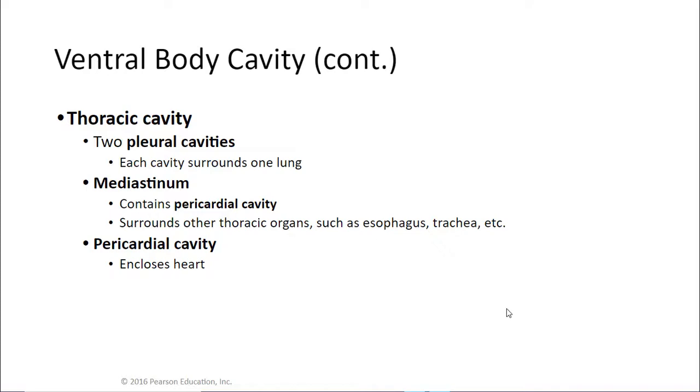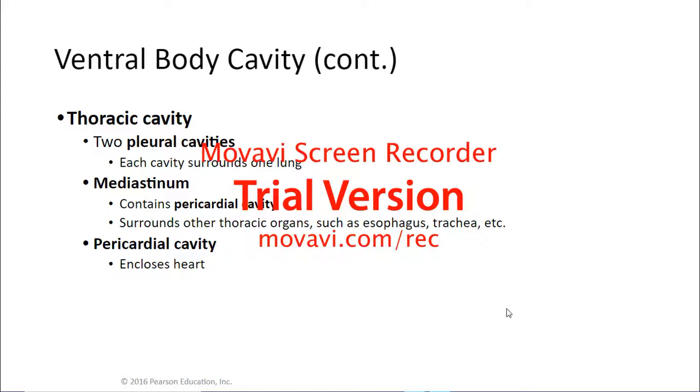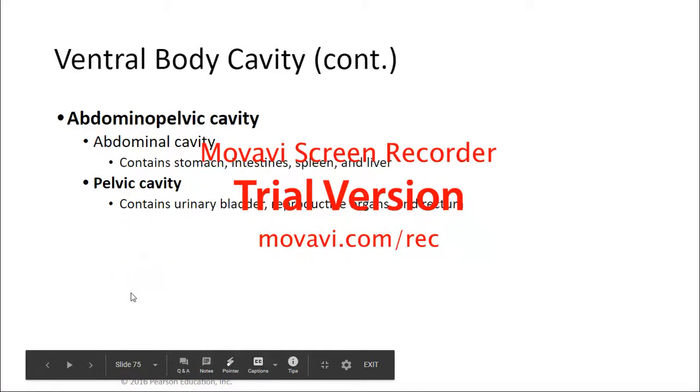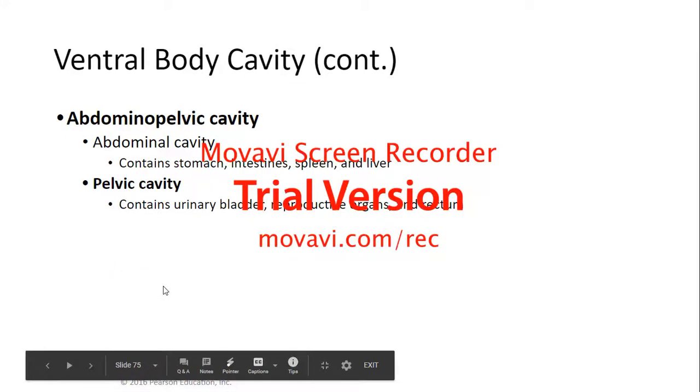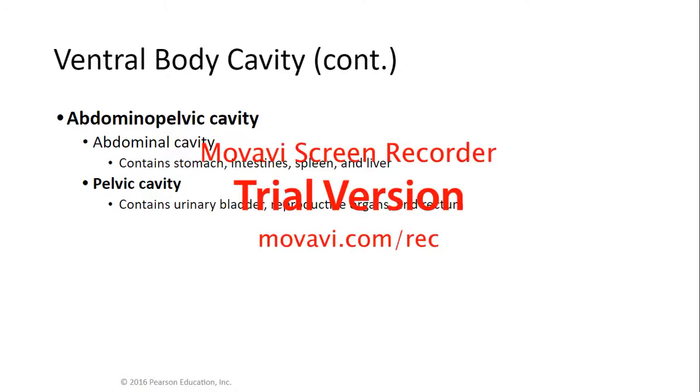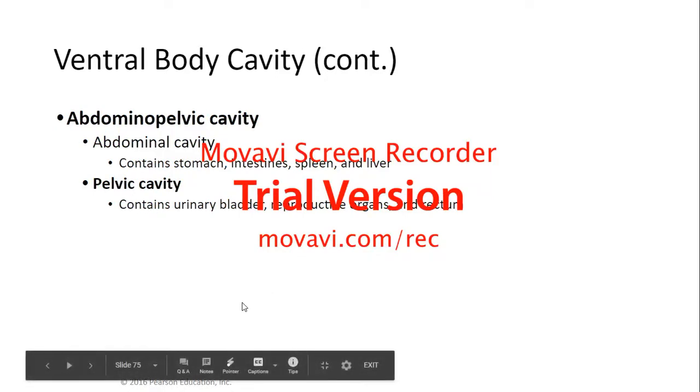In that mediastinum area of the thorax, you have other organs, your esophagus, trachea, etc. And then you have your pericardial cavity, which encloses the heart. In the abdominal pelvic cavity, the abdominal cavity contains the stomach, intestines, spleen, and liver, and the pelvic cavity contains the urinary system, reproductive system, and the rectum.